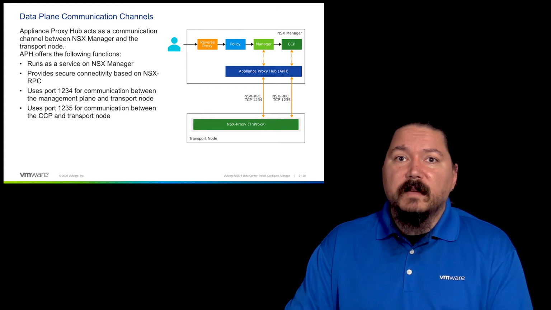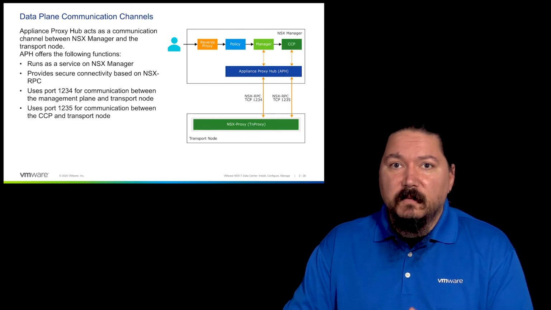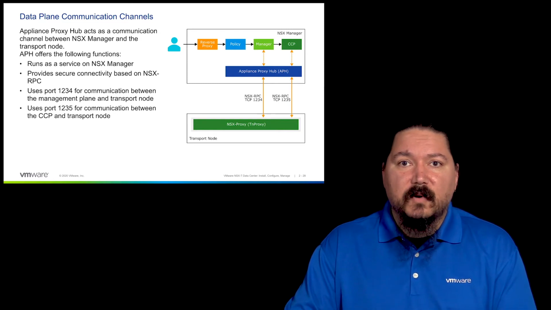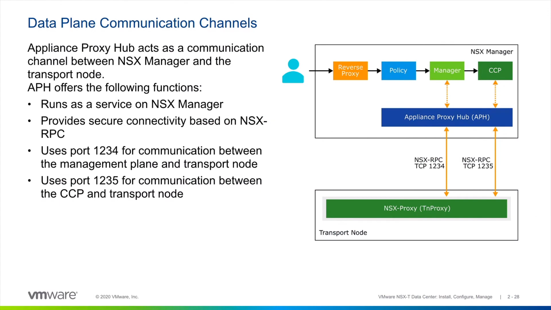But all of that communication is multiplexed, if you will, from the transport node through the NSX proxy service. That NSX proxy service can communicate to or listen to two different ports, TCP port 1234 and TCP port 1235. 1234 is the RPC channel for the manager, and 1235 is the RPC channel we use for the control plane, right?